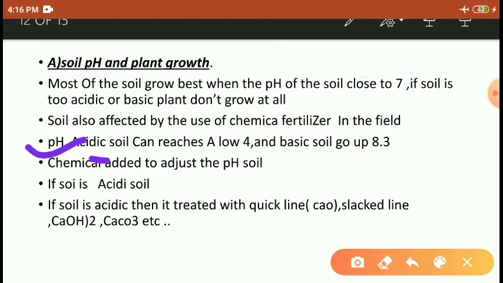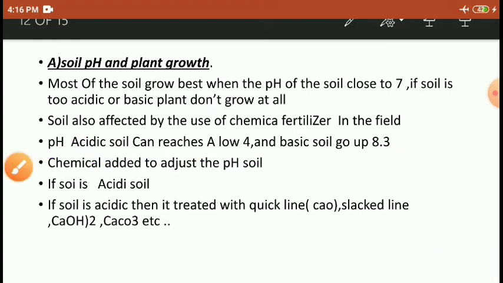Acidic soil can reach a pH of 4, or basic soil can reach 8.3.